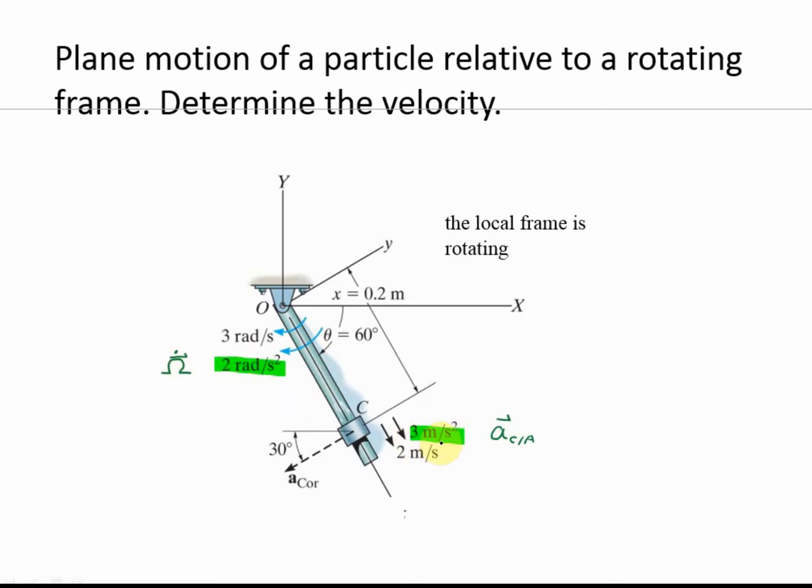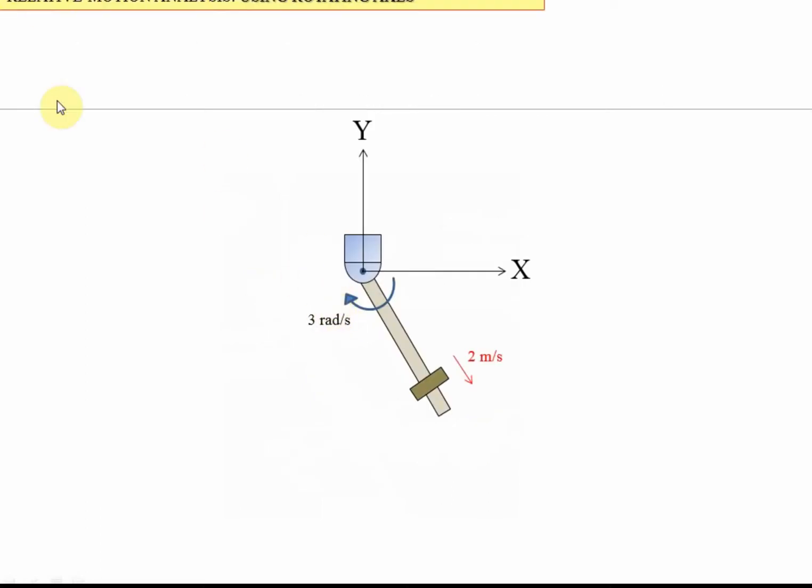Also, there are linear accelerations for this object C, which is expressed relative to the rotating frame. In this example, in addition to the velocity, we have an acceleration as well, which is omega dot, which is 2 radian per second squared.